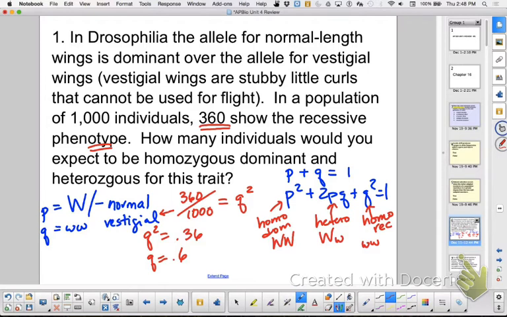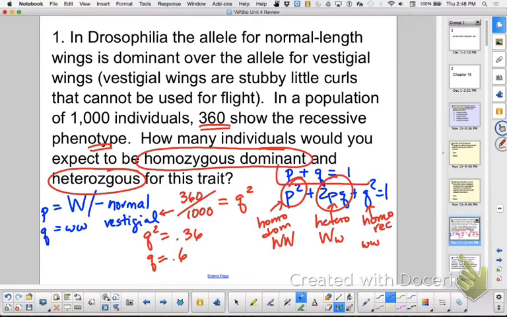Now let's see what it asked me. How many individuals would you expect to be homozygous dominant and heterozygous for this trait? That means they want to know how many are P squareds and how many are 2PQs. So let's solve for the P squareds. Well, if Q is 0.6, I know, because P plus Q equals 1, that P must be what? 0.4.